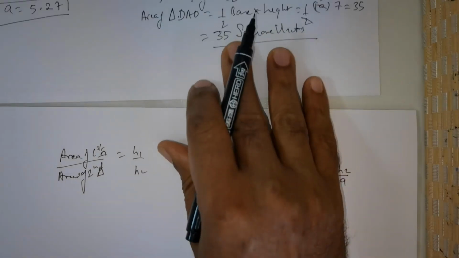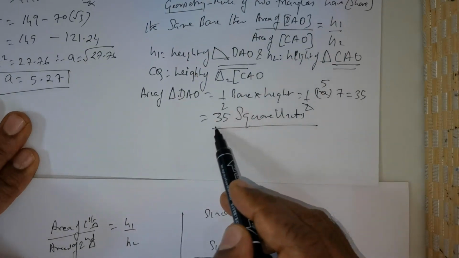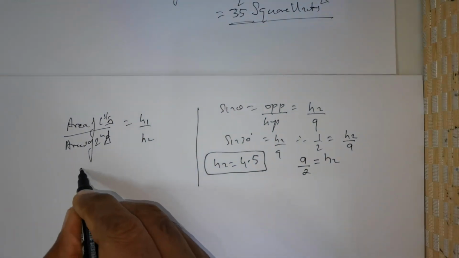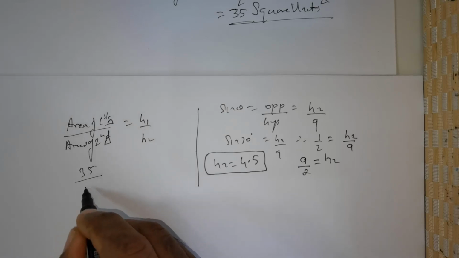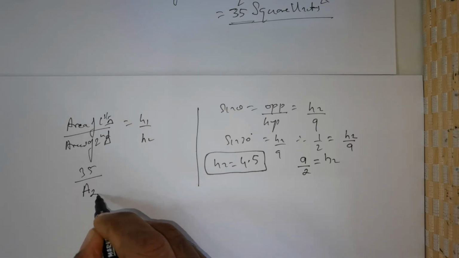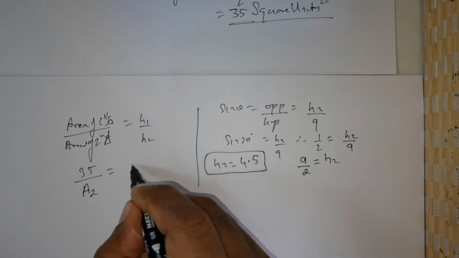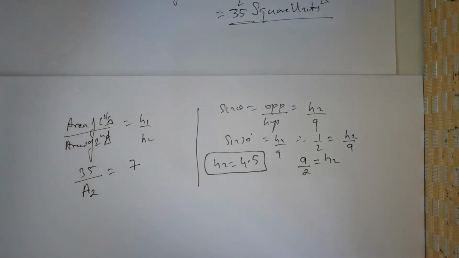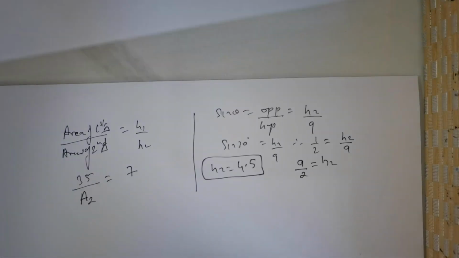The first triangle area we've got as 35. That is given. The second I do not know, this is unknown, so let me just write it as A2. H1 height is 7 units. If you see the figure, this is H1, 7 units.